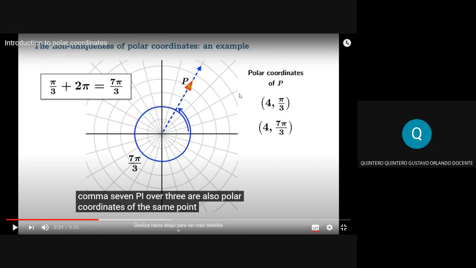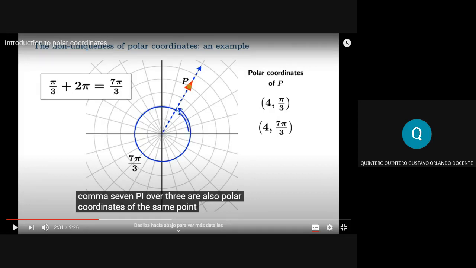Write this down somewhere, please. The points in the polar plane are not unique. We can name the same point in different ways. And this is just if we take 1 circle. But what if we do 2 circles?